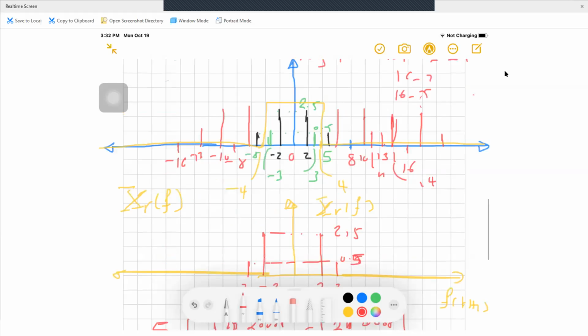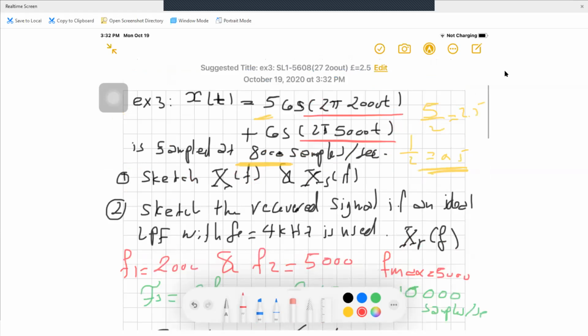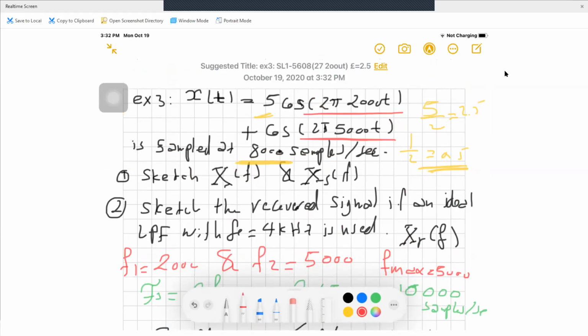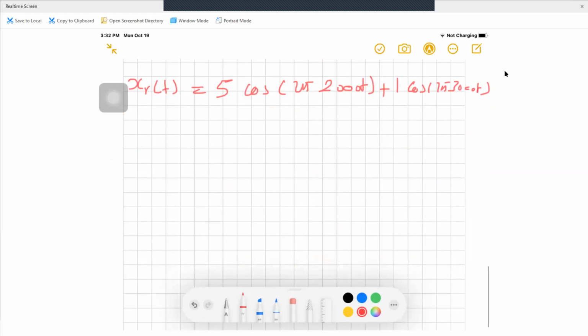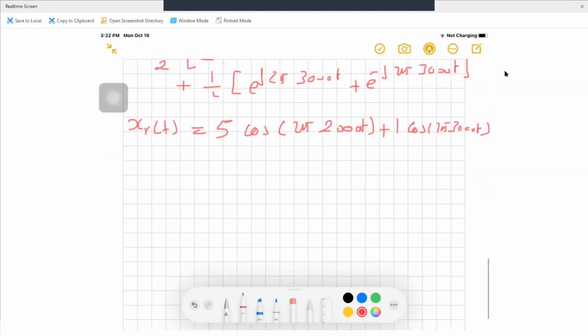Look at the original one. The original one was 2000 and 5000. What will happen? What's going on? Clipped. What can you recognize? The signal is not recovered fully.